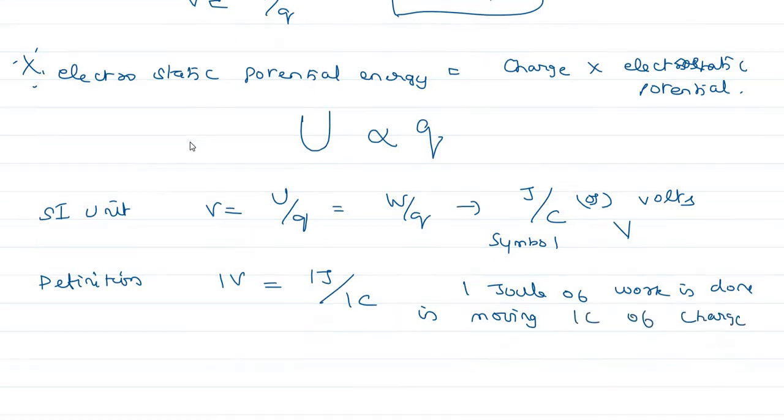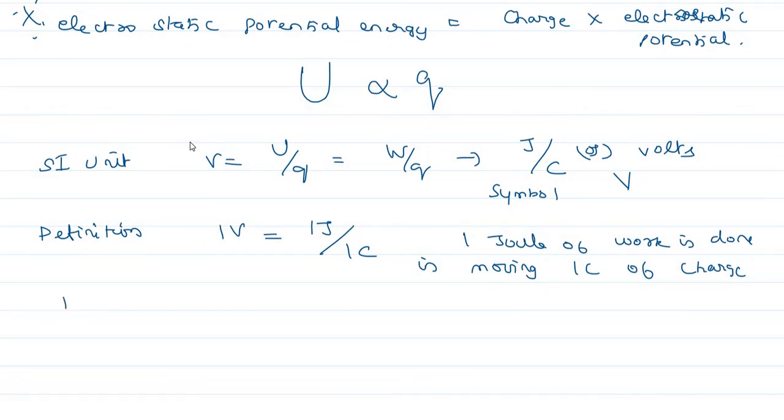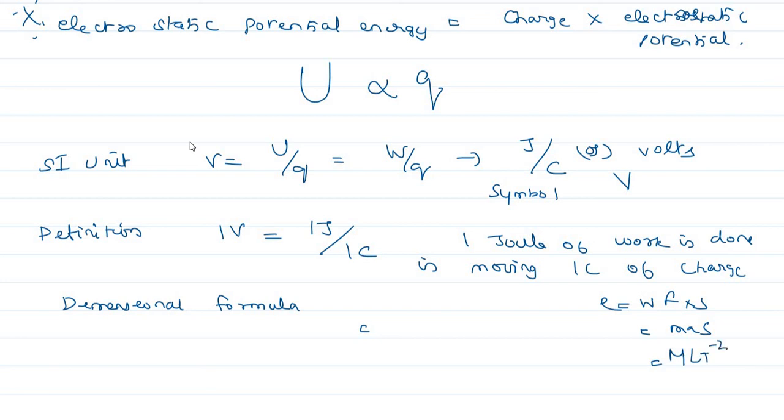Whenever we learn an SI unit, immediately we talk about the dimensional formula. Energy is nothing but work done. Work done is force into displacement. What is the force formula? M into A. Mass is capital M, acceleration is L T power minus 2.